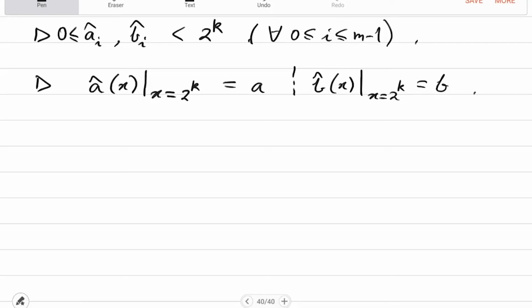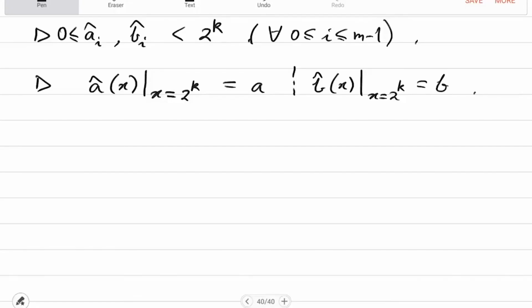So what you will do is you will now use fast polynomial multiplication to get a hat times b hat, and let's call it c hat, and in that c hat you substitute x to be this, or basically some value of a hat times b hat will give you a times b.